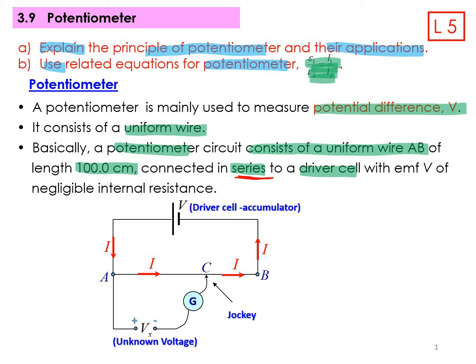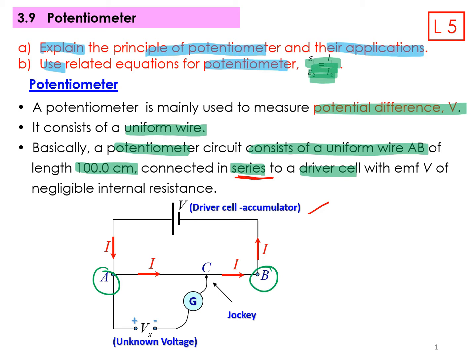This is our simple diagram, or circuit of potentiometer. You will have a driver cell or accumulator. Then we have wire AB, the wire A until B, which is 100 centimeter.